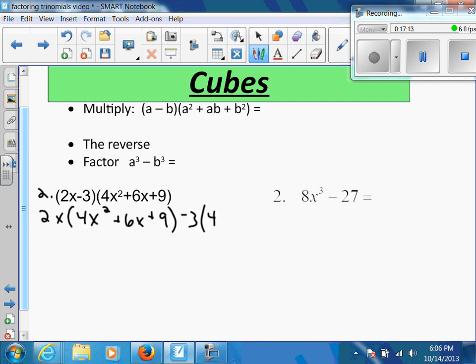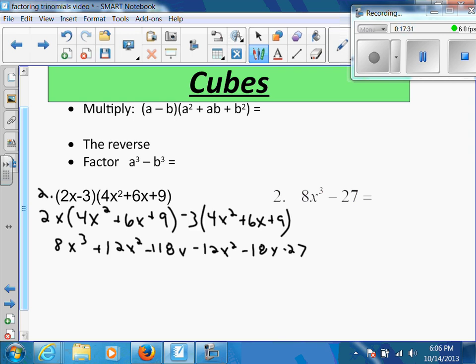We have 8x cubed plus 12x squared plus 18x minus 12x squared minus 18x minus 27. Combine like terms, 8x cubed. The plus 12x squared and the minus 12x squared cancel out. The plus 18x and the minus 18x cancel out. Subtract 27. Notice that my problem here on the right.